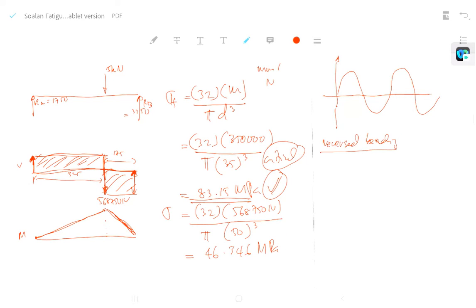So in reverse bending, we have sigma A, and this is sigma A as well, while sigma m is 0.